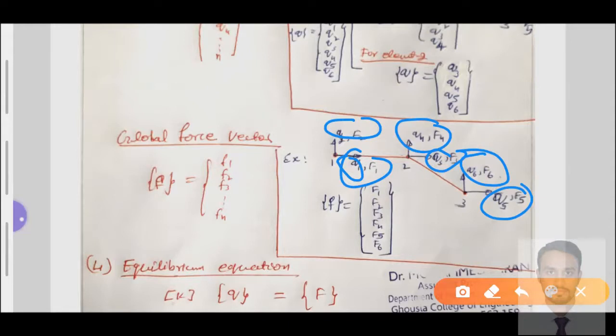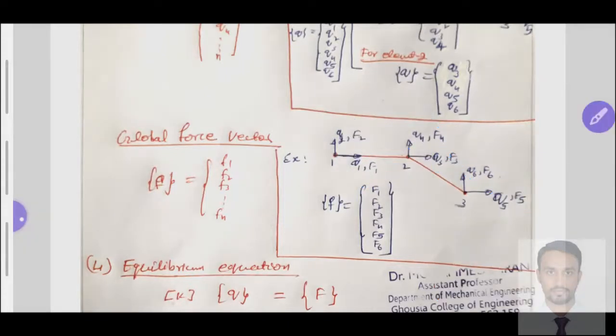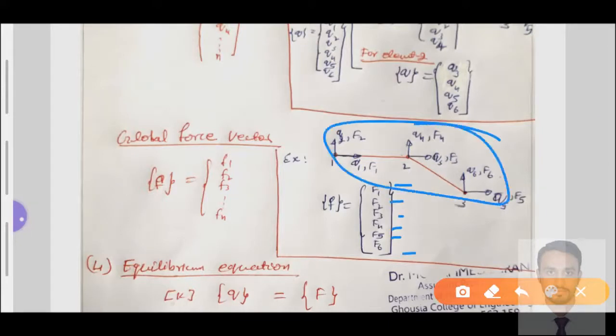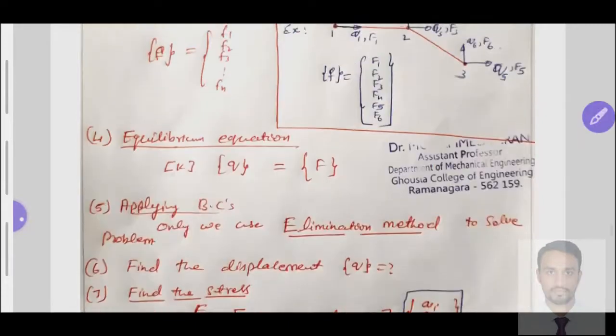That means 3 nodes, 6 displacements, 6 forces. We have here, for this particular example, f1, f2, f3, f4, f5, f6. If we have n degrees of freedom, n forces are there, f1, f2, f3, up to fn. That is the global force vector.